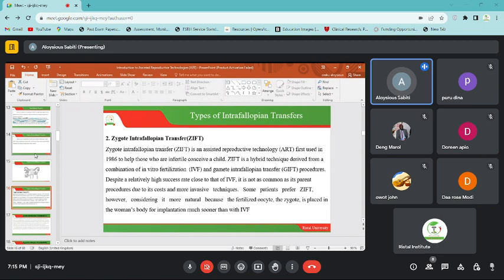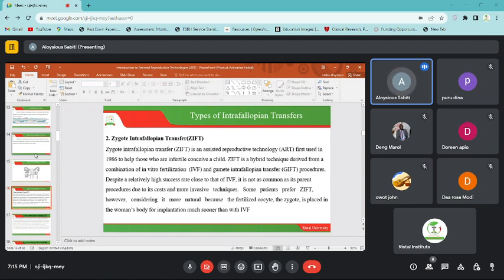So whereas this zygote intrafallopian transfer has very high success rates, earlier on we discussed that it is actually the IVF, or the in vitro fertilization method, that has higher success rates compared to these other methods. But we're again also saying that zygote intrafallopian transfer is closer to IVF.